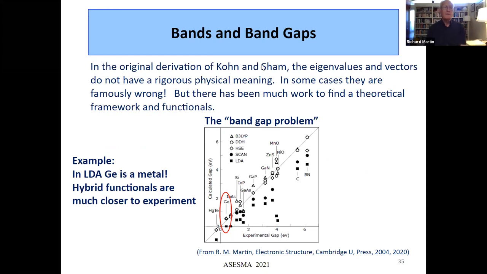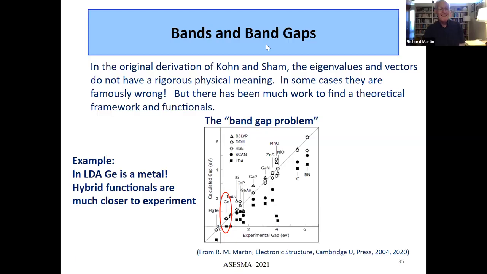One of the most famous problems that's called the band gap problem is the fact that Kohn and Sham eigenvalues are often interpreted even as physical bands, even though Kohn and Sham said, don't do it. Some cases they're just terribly wrong, and it's now gotten this name, band gap problem.